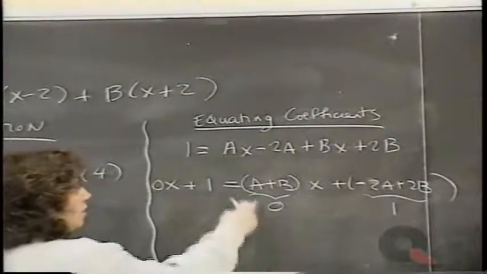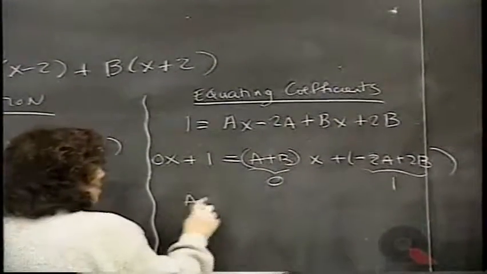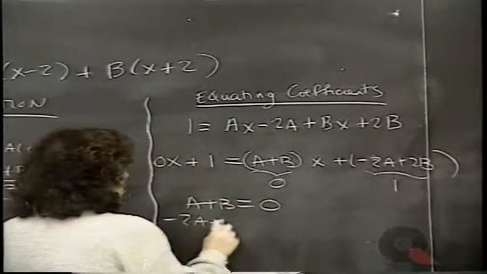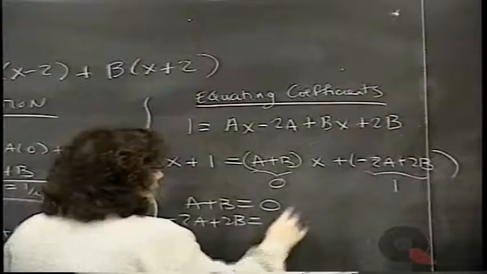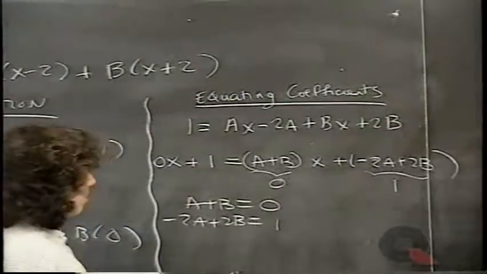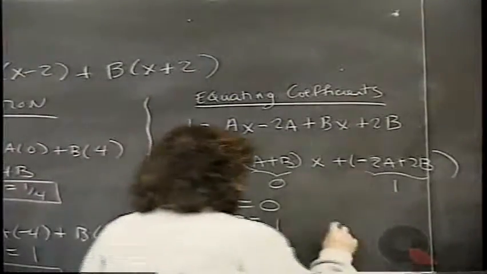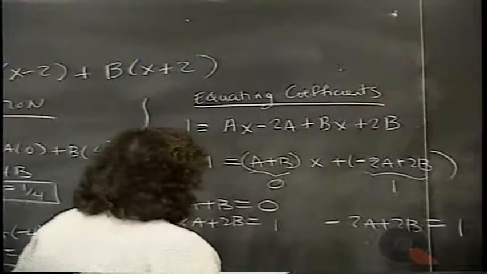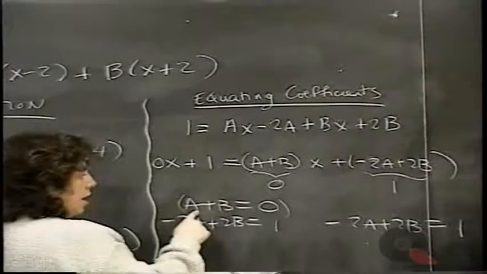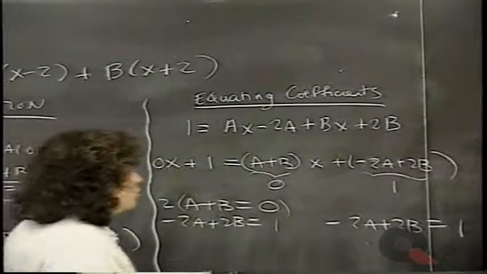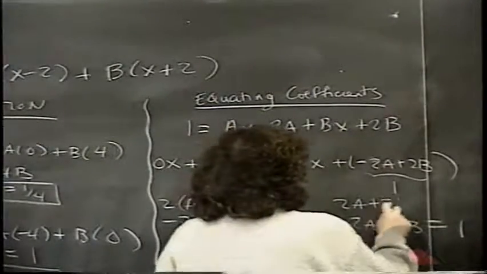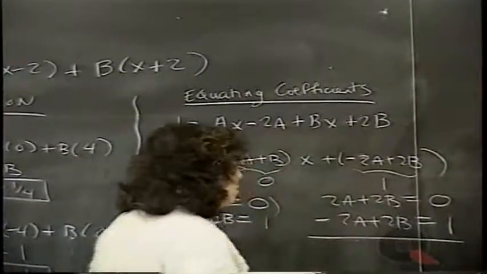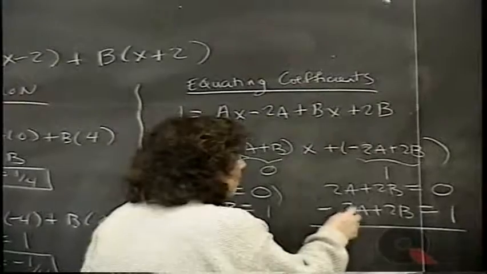So we know that A plus B has to equal 0, and minus 2A plus 2B has to be equal to 1. If we leave the minus 2A plus 2B equal to 1 alone, and we multiply the top equation through by 2, giving us 2A plus 2B equals 0, and we add the equations, the minus 2A and the plus 2A cancel each other out.